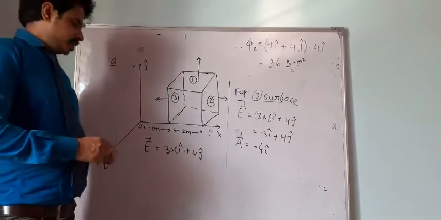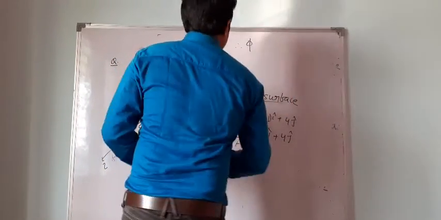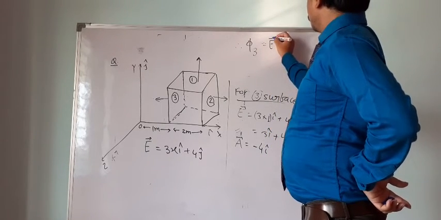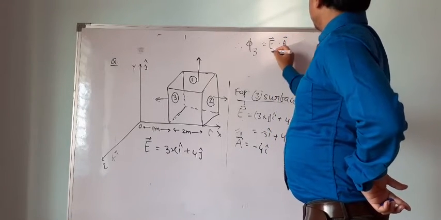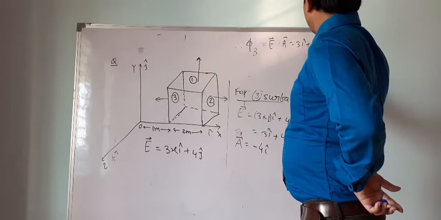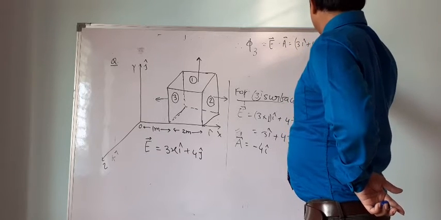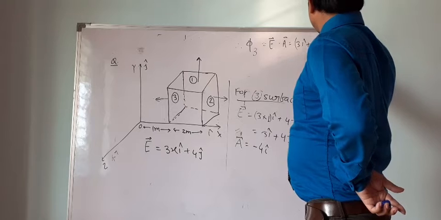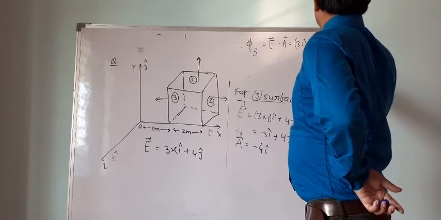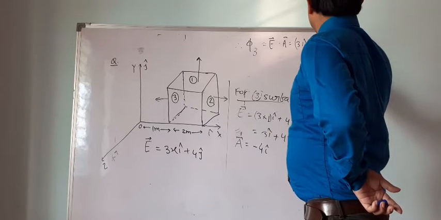Again we will take the dot product, and phi 3 we will get in a similar manner. Phi 3 is equal to E dot A, that is (3I plus 4j) dot (minus 4 I cap).